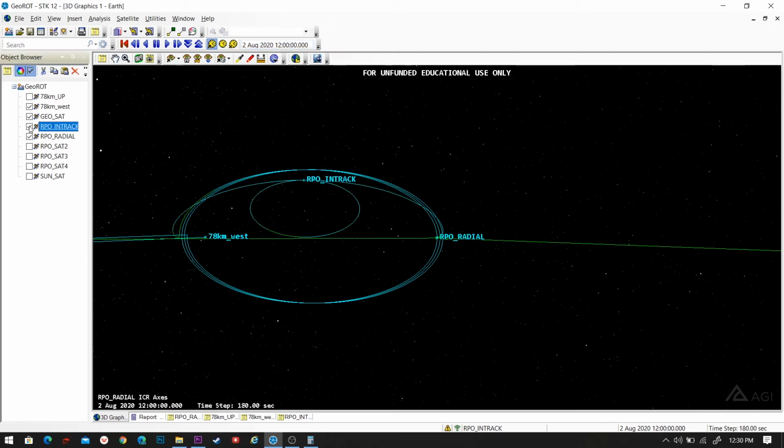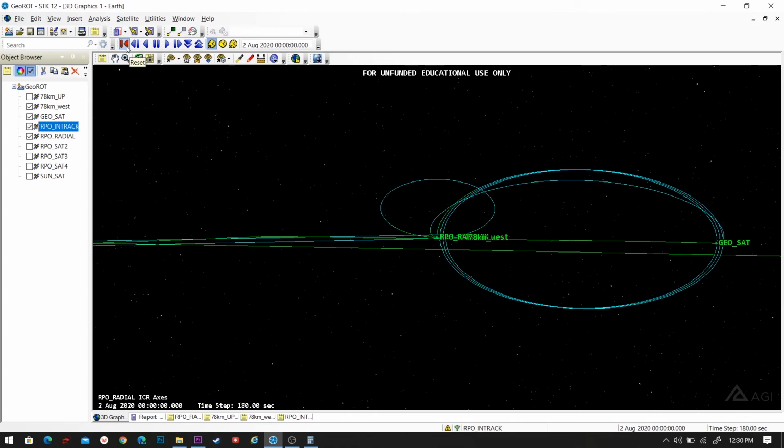Now, like I said, I've already produced a lot of videos for how to combine these two effects. But once you start to think about it in this point of apparent motion, there's a lot of ways you can say, what if I want to move my point of apparent motion 78 kilometers over and 78 kilometers up? I'm going to have to combine a radial burn and an in-track burn.